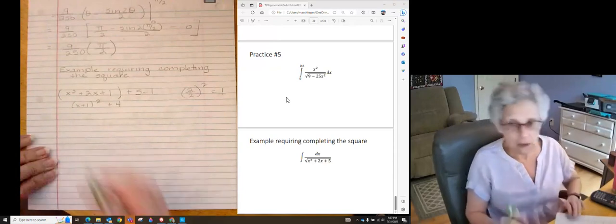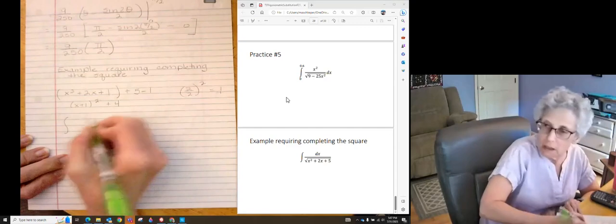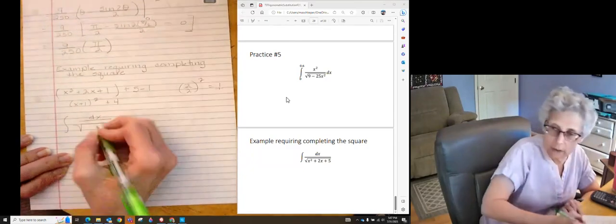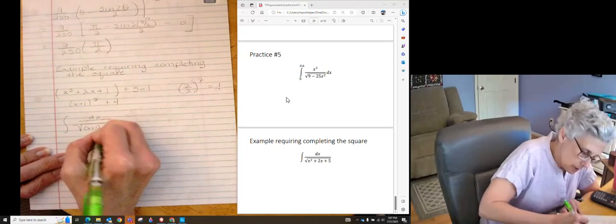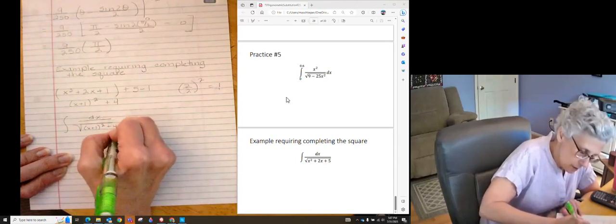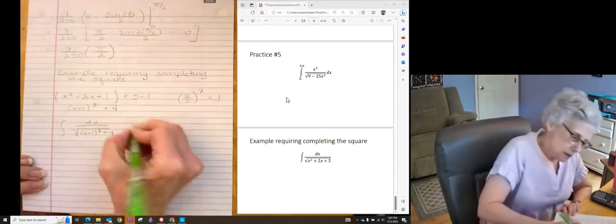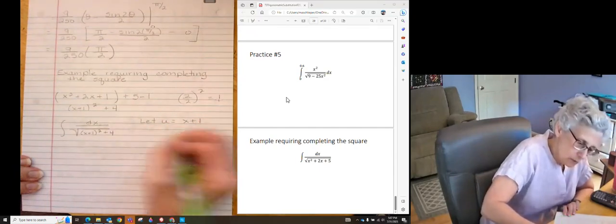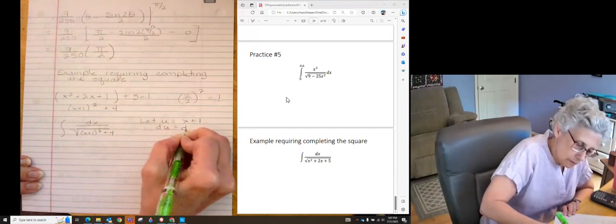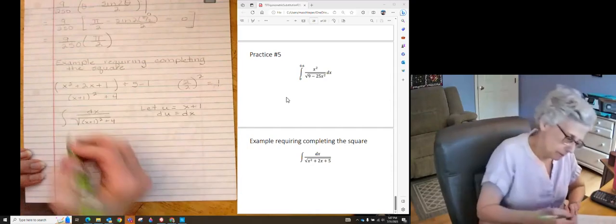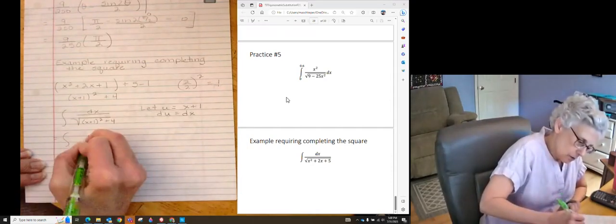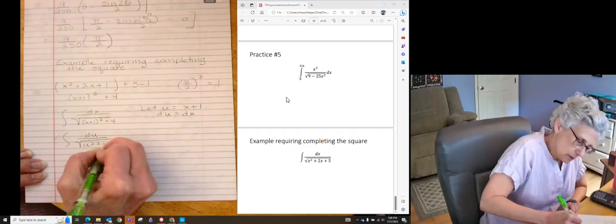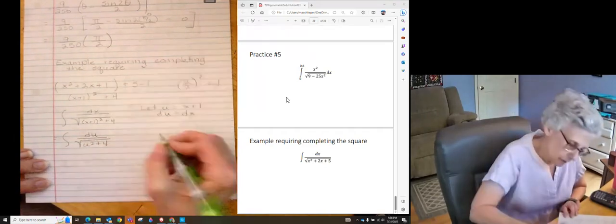plus 4. So what I really have here is the integral of dx living on top of the square root of x plus 1 squared plus 4. So, u equals x plus 1, du is dx. So this is the integral of du living on top of the square root of u squared plus 4.